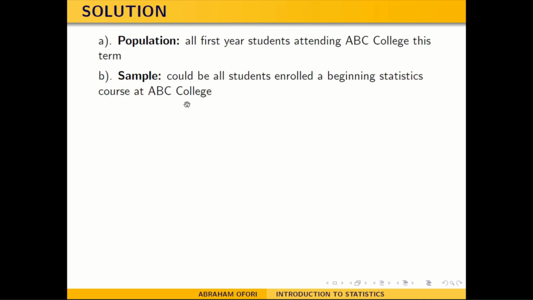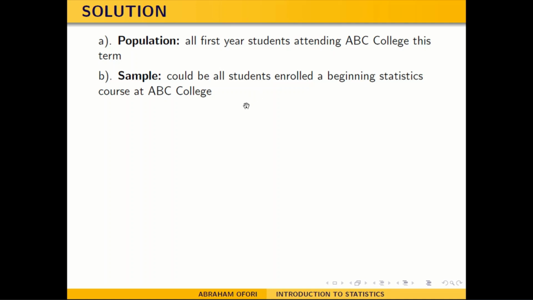Now sample. A sample could be all students enrolled in a beginning statistics course at ABC College. You can see that this sample is part of the college, all right? So it's like you are selecting some group of students, that is people studying the beginning statistics course at ABC College.